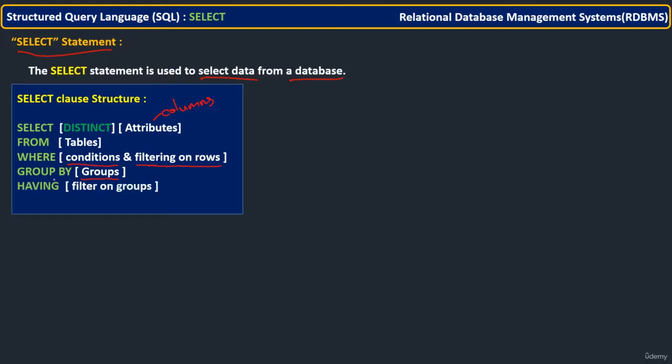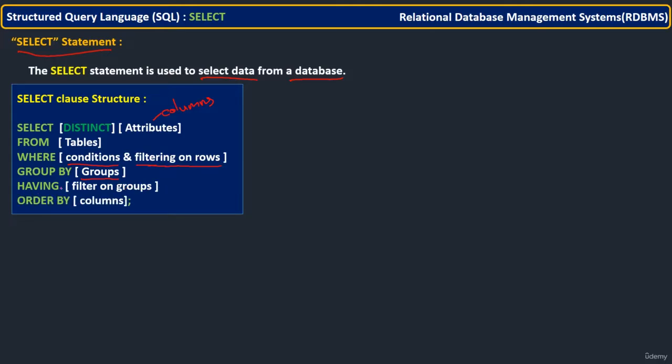And then the having clause. Here where is used to filter the rows, and having is used to filter the groups. Here we are setting the groups, right? Those groups you can filter here. Sometimes some groups are not required. Such groups, if you want to skip them from the output, then you can use the having clause.